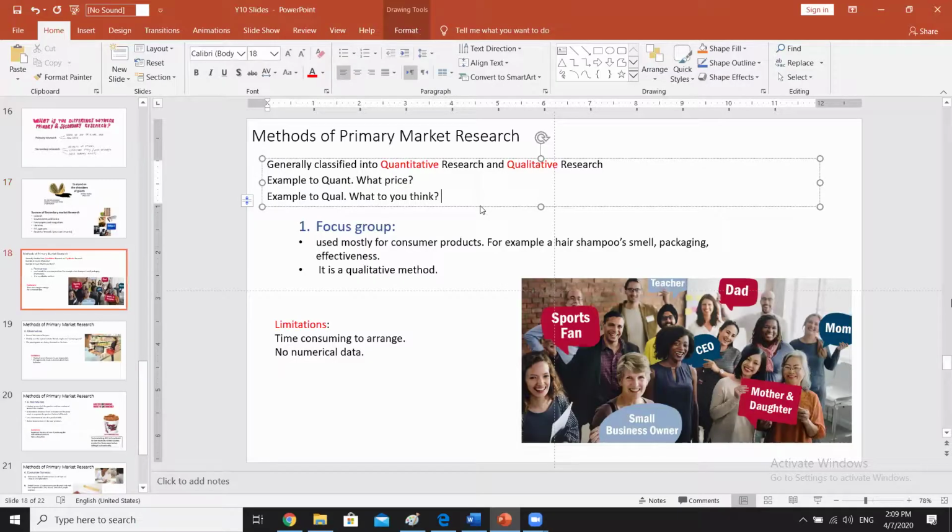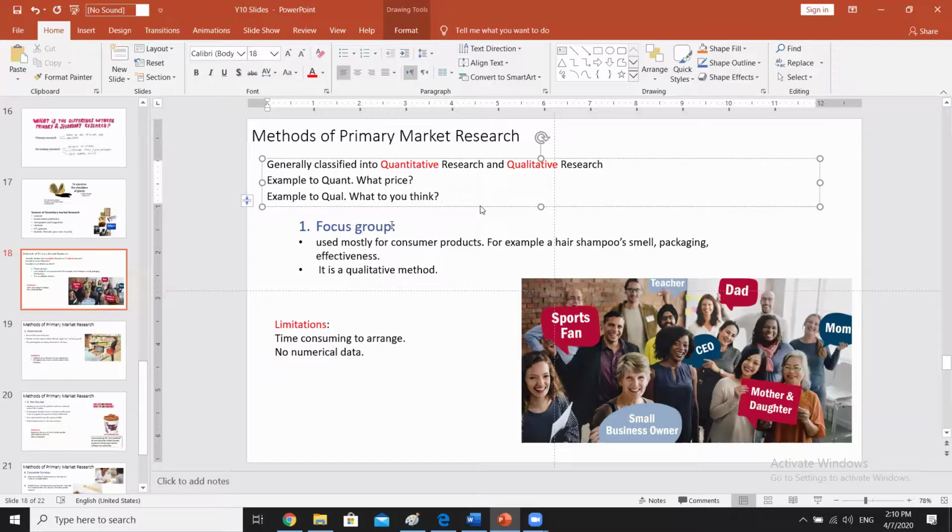You can't put it into quantitative information, so you have to keep in mind that the methods that we're going to talk about later would either fall into a quantitative method or a qualitative method. Obviously, if it's quantitative, it has its own benefits, and also you can benefit from qualitative data.